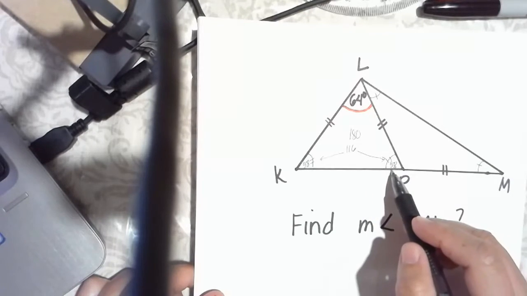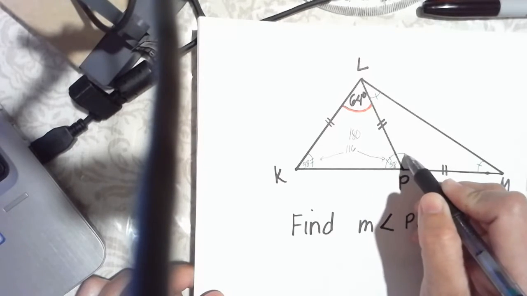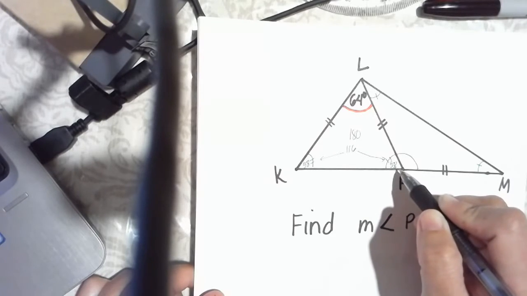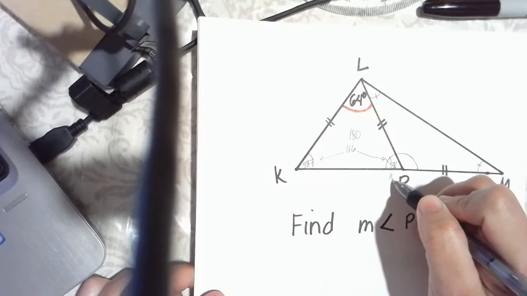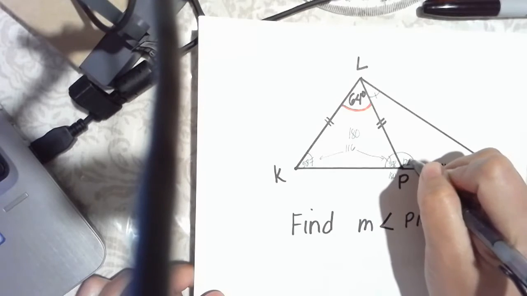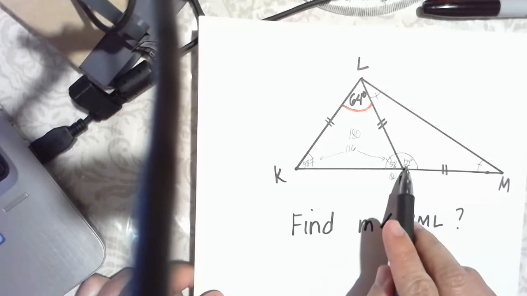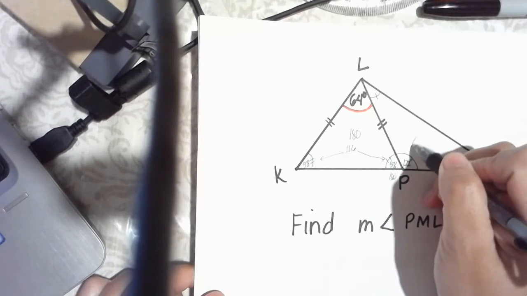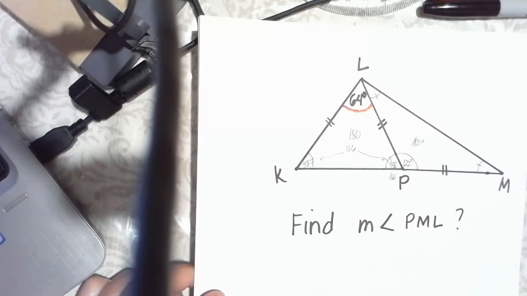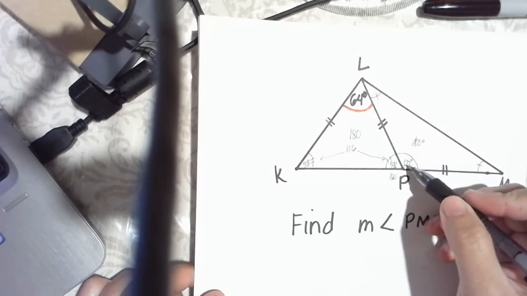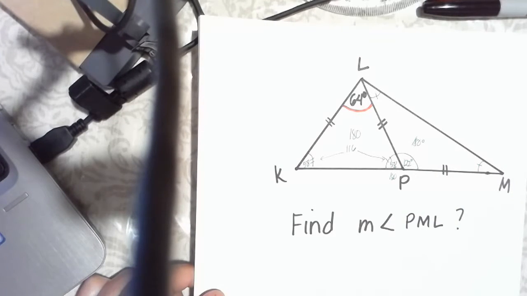Now, if this is 58 and this forms a linear pair, which is a supplementary angle, we need to subtract 180 minus 58. And that's 122. Since this is the vertex angle for the second triangle, and we know that the interior angles of a triangle measure 180, we need to subtract 122 from 180.